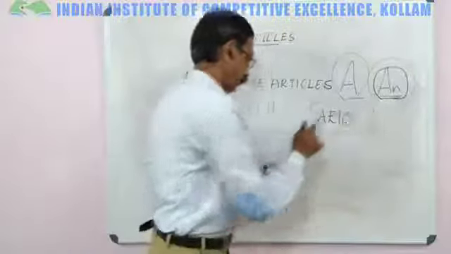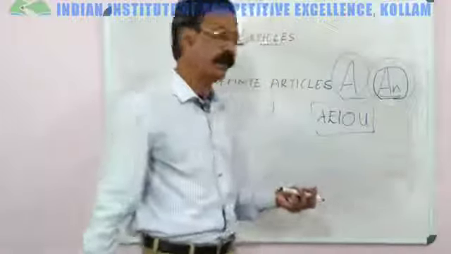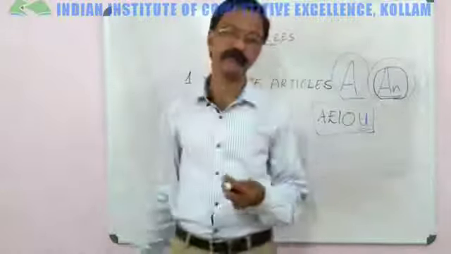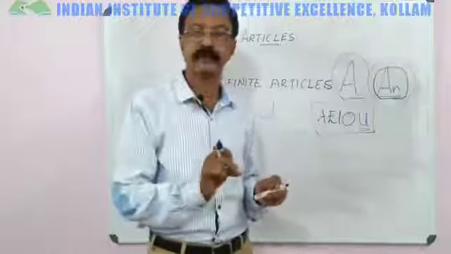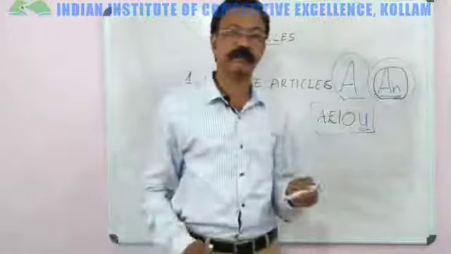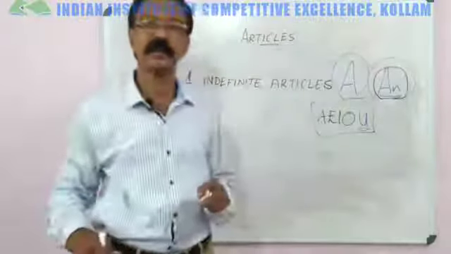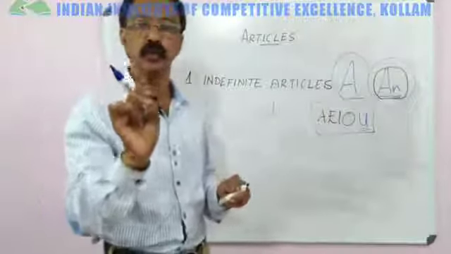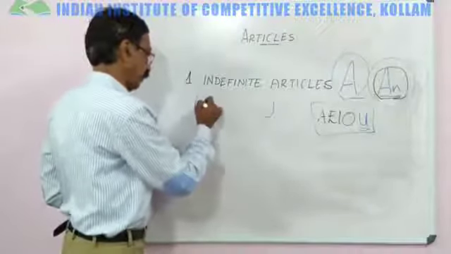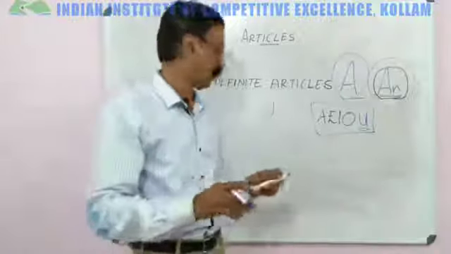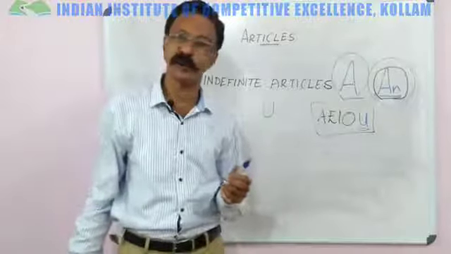Here, you know of these five vowels. Of course, the alphabet U is a vowel, only when it sounds as U. Here, in university, the sound of university is not the vowel sound.